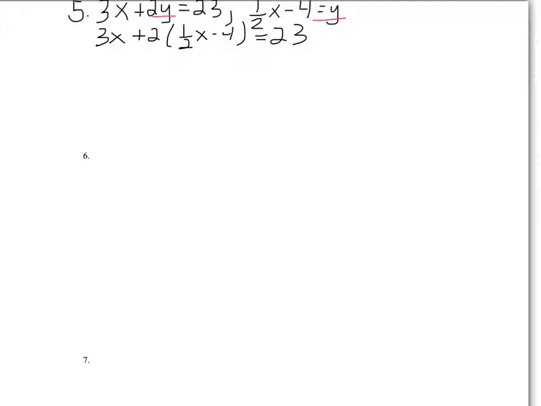Alright, and then I'll distribute through the 2 and see what we get. 3x, the 2 and the 1 half will cancel out. Leave with x minus 8 equals 23. Combine like terms.